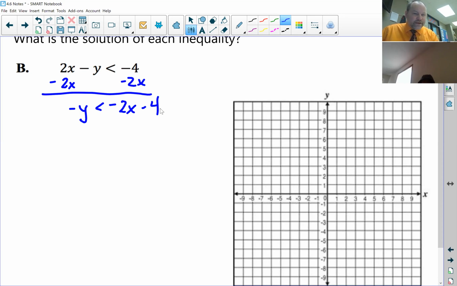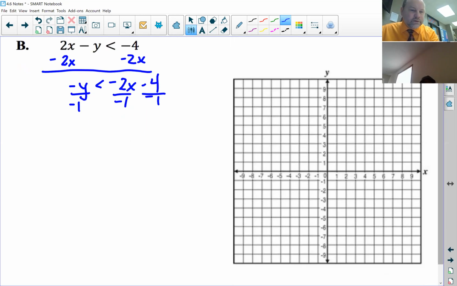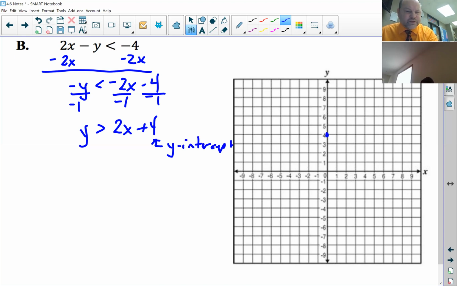So we have this inequality, negative y is less than negative 2x minus 4. Divide everything by negative 1. Here I divided by negative 1, so I change my inequality. To graph, I would graph the y-intercept, that's the y-intercept, and use my slope.